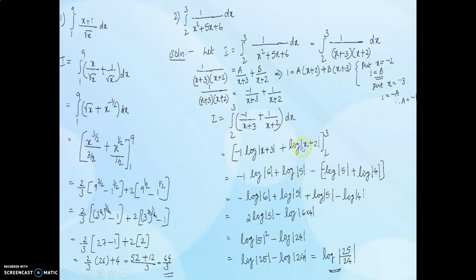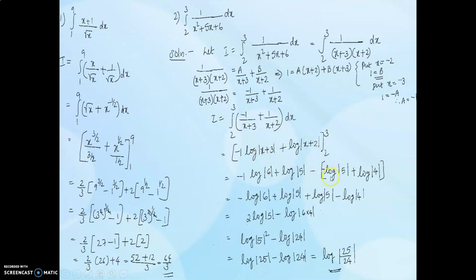Now we can apply in the second term, we are giving the lower limit of this term. So minus 1 log mod 2 plus 3, that is 5, plus log 2 plus 2 is 4.